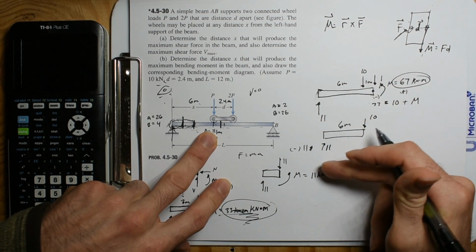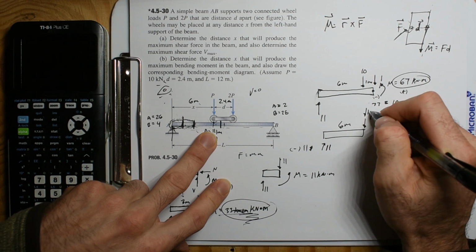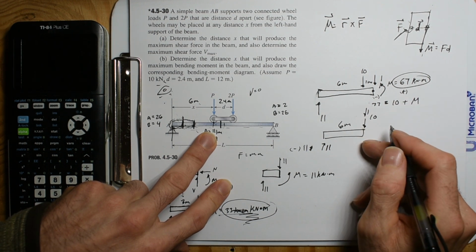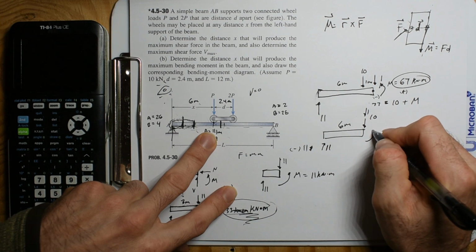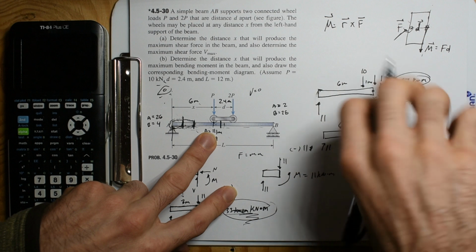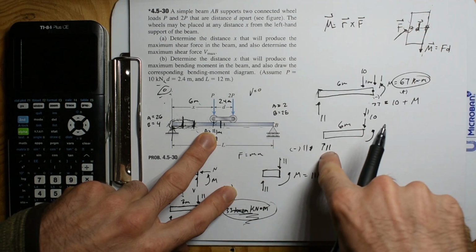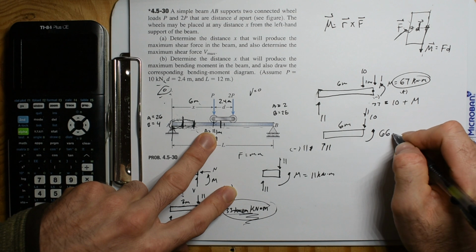To balance it, we have 11 up, 10 down. So we're going to have to apply 1 down right there. And so we're going to have an 11 and 11. So our moment right here, it's going to be 6. This is going to cause a negative 66 moment. So we have to have a positive 66 moment.